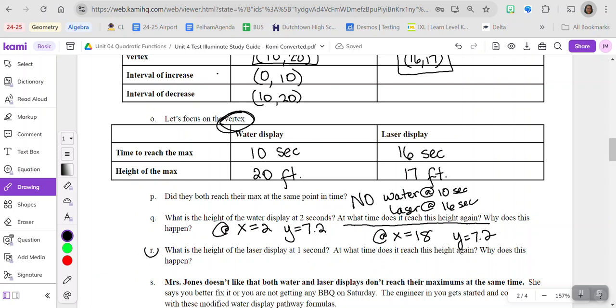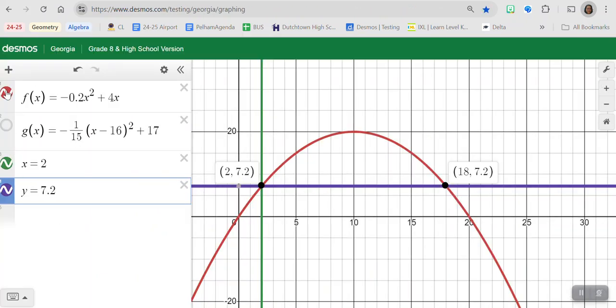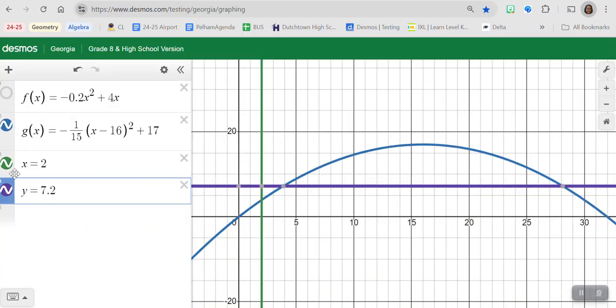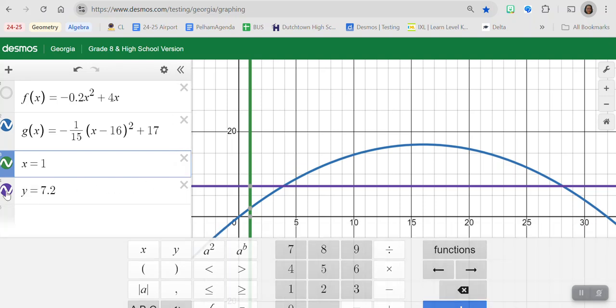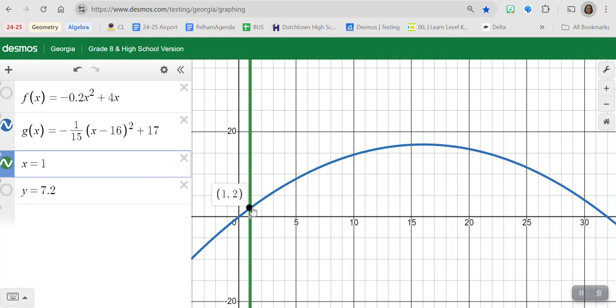All right, I'm reading R. What is the height of the laser display at 1 second? So now we're dealing with this one, not that one. 1 second, right? So we know x equals 1. Right here. When x equals 1 second, the height is 2 feet.